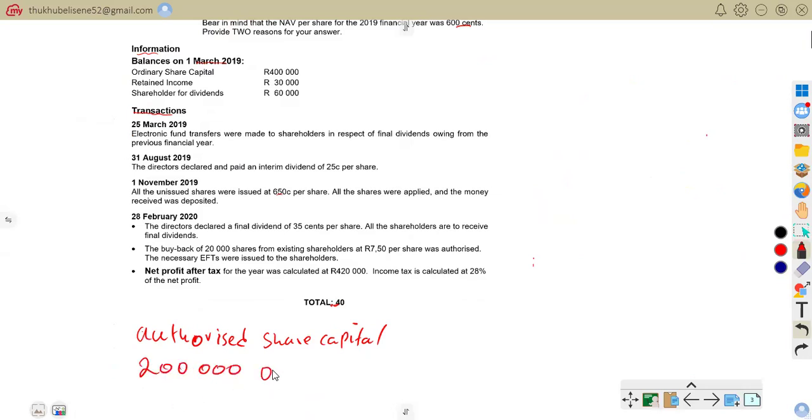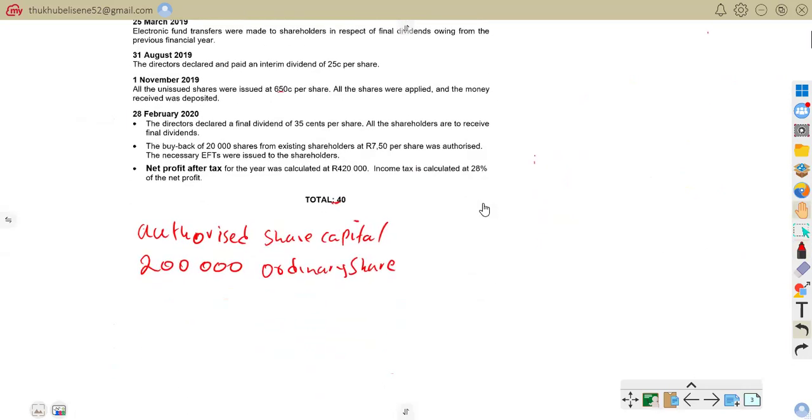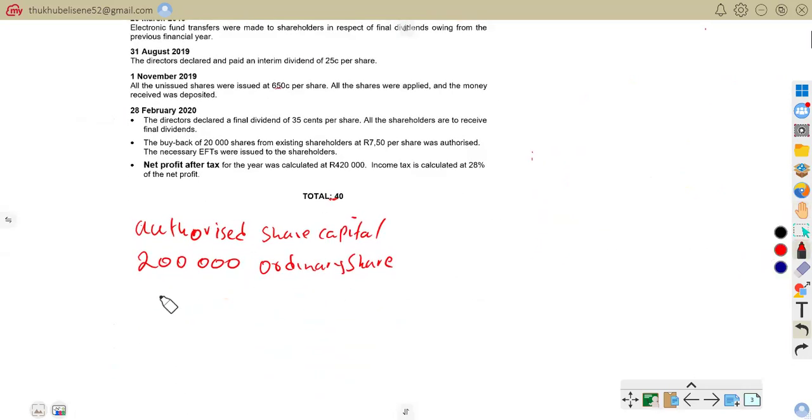200,000. These are our ordinary shares, the maximum shares that we are allowed to issue. Then we have unissued shares on the 1st of March 2019.